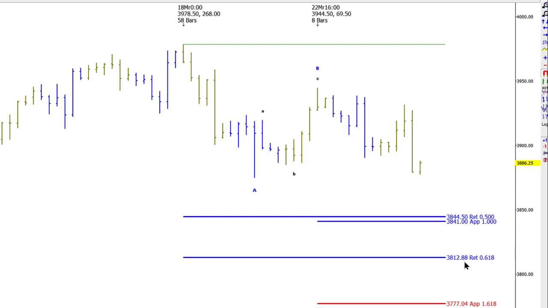It probably wouldn't make it around the 62% retracement because there's not an alternate price projection near there, meaning there isn't a projection where the range of wave A would be related to the range of wave C, which is usually the case. So I just eliminated it.